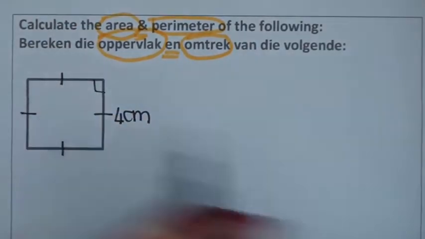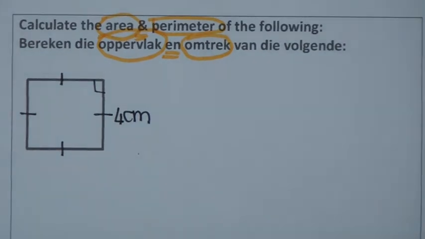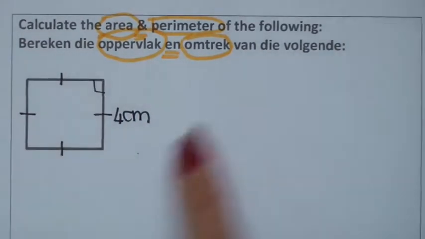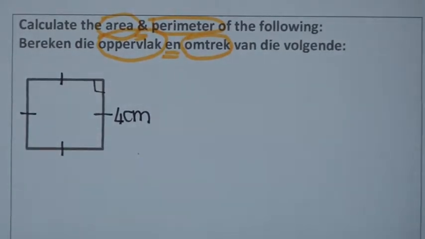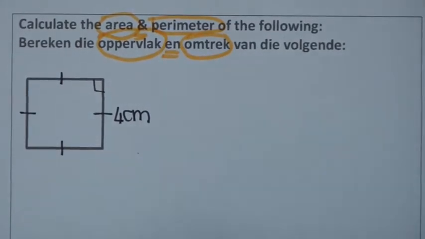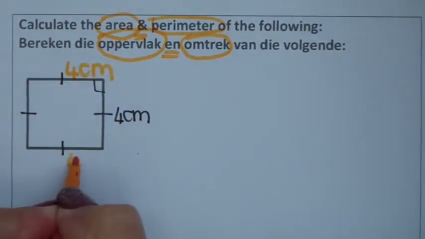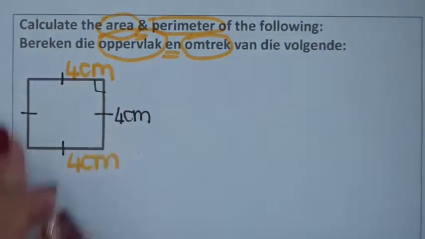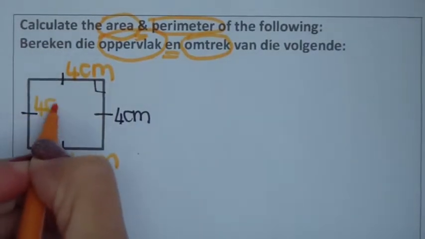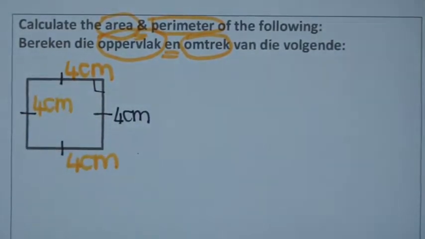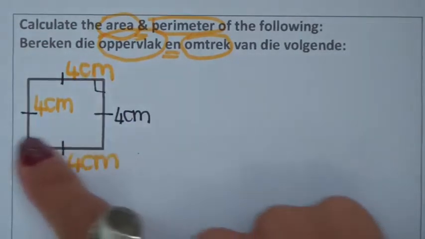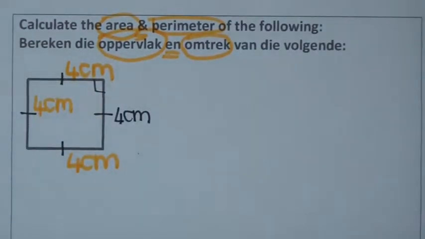Alright, so they've put in there to show you the angles are 90 degrees, 90 grade hoekies. This is a square. Dit is daarom 'n vierkant. It's a square. So what do you say? Each of the sides is equal to, I'm going to put this one on the inside, 4 centimeters. Elke een van die sye is dan gelyk aan 4 centimeter.